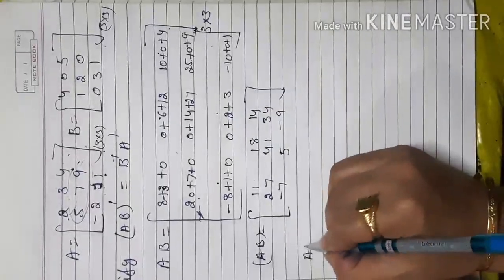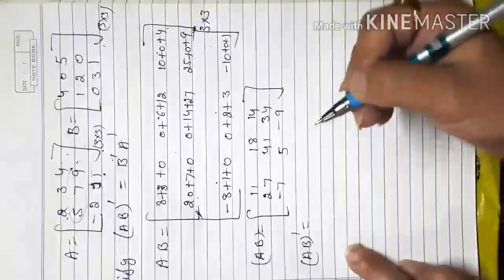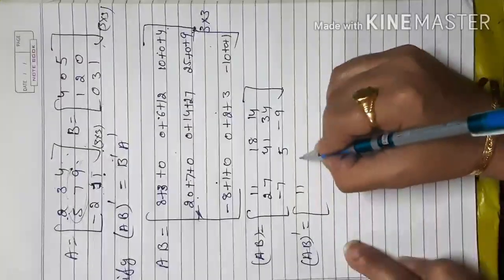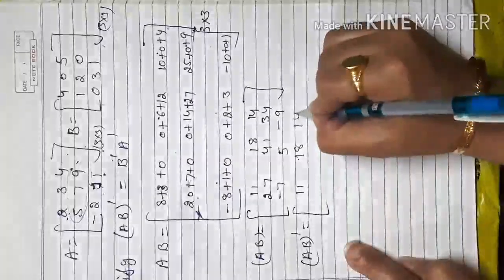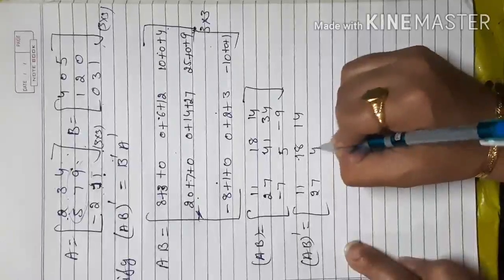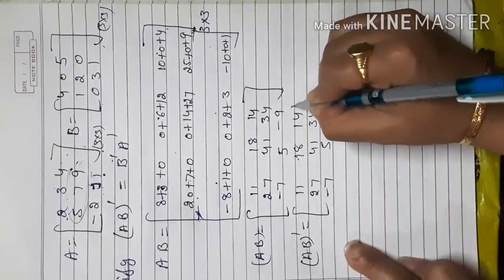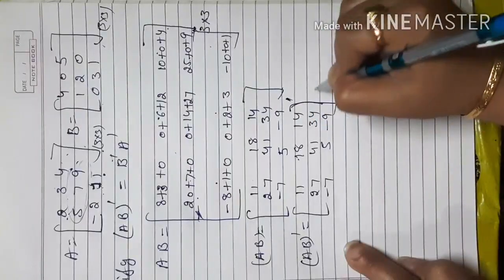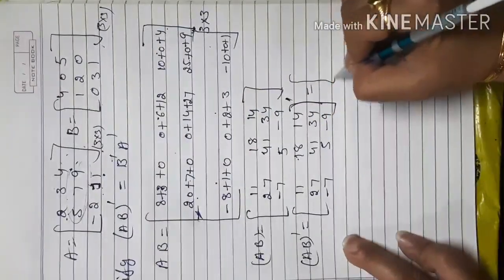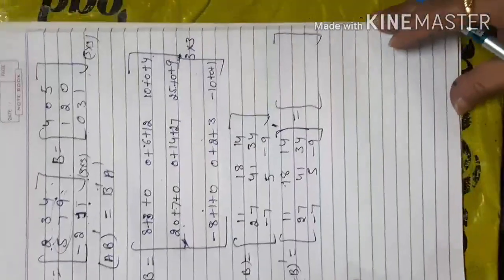Okay, now you have to go with the transpose of this. So if I go with the transpose of this, first I will write this way: 11, 18, 14, 27, 41, 34, minus 7, 5, minus 9. First I will mark this with the transpose sign. After removing the transpose sign, my rows and columns will be interchanged.